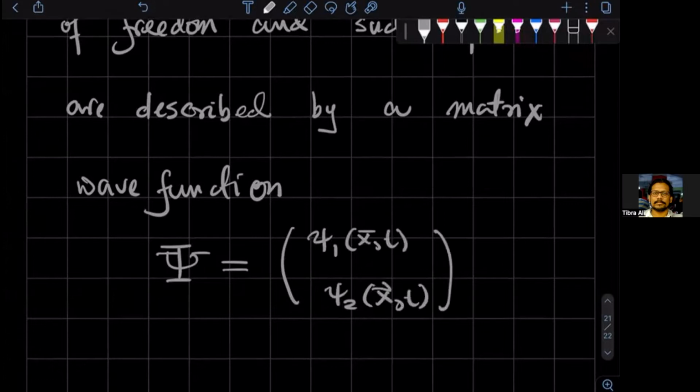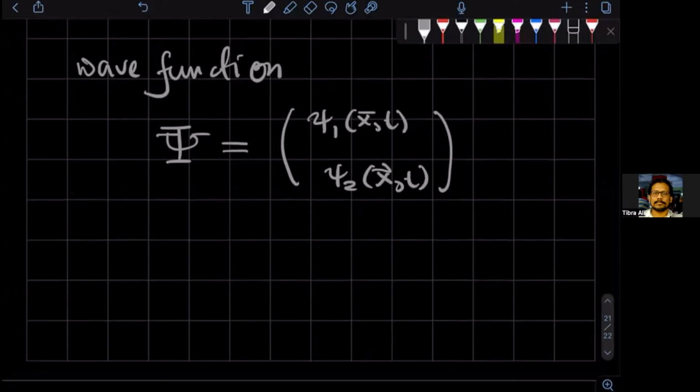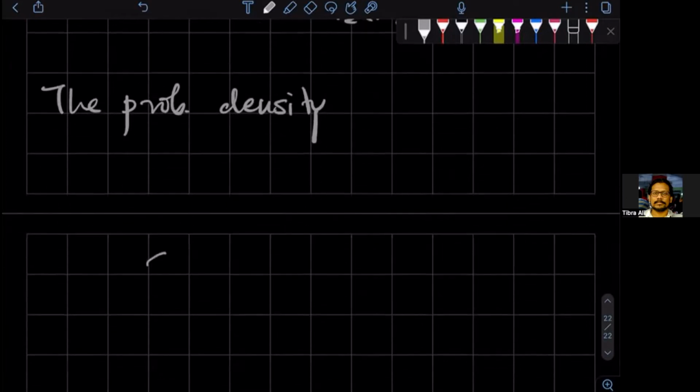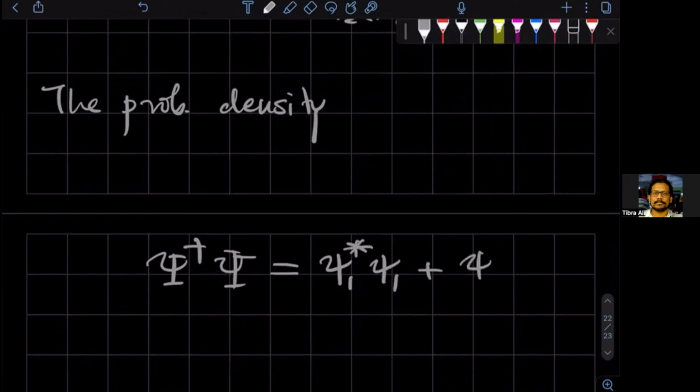And in this case, the probability density is described by this big psi dagger, big psi, which of course is small psi1 star psi1 plus psi2 star psi2.